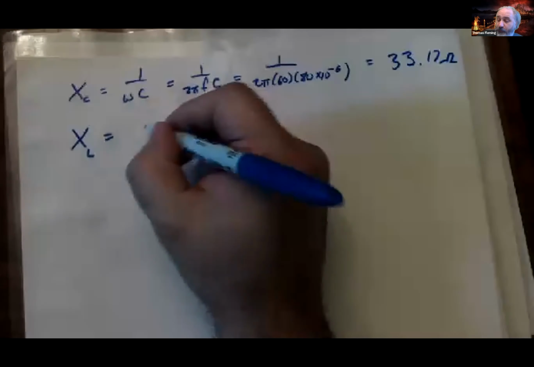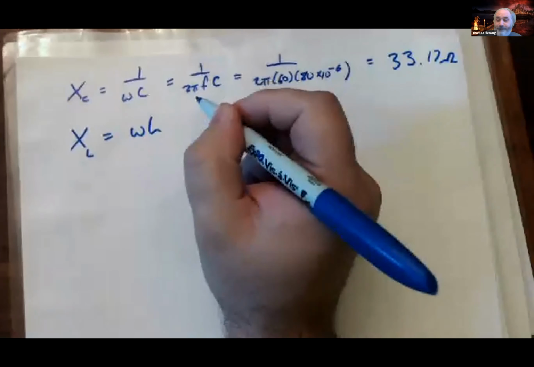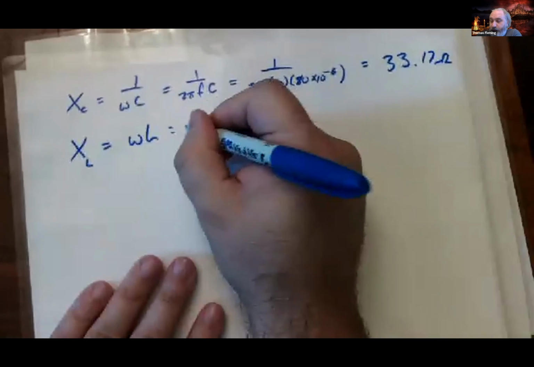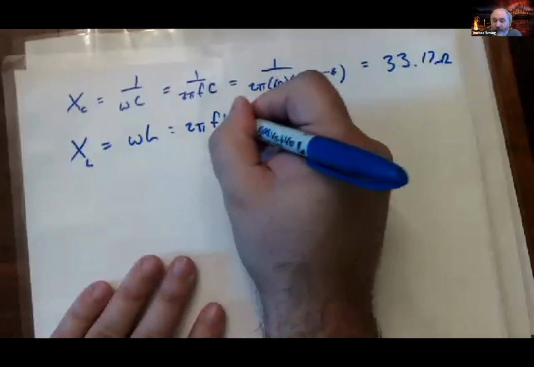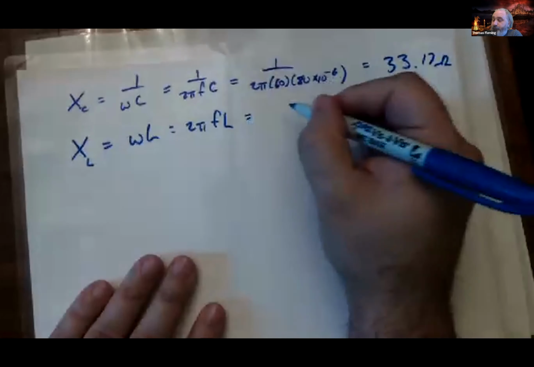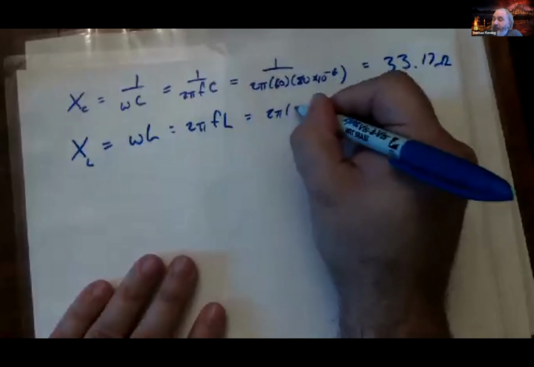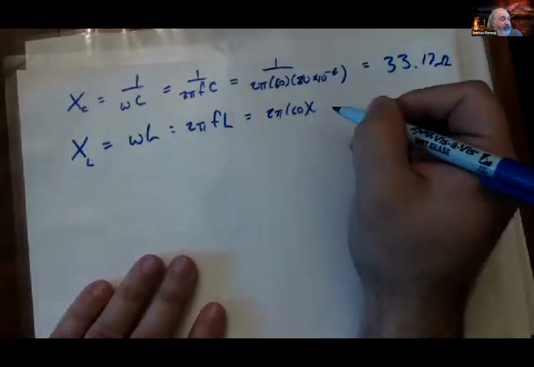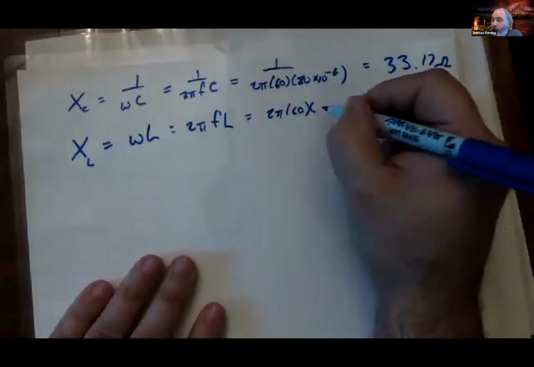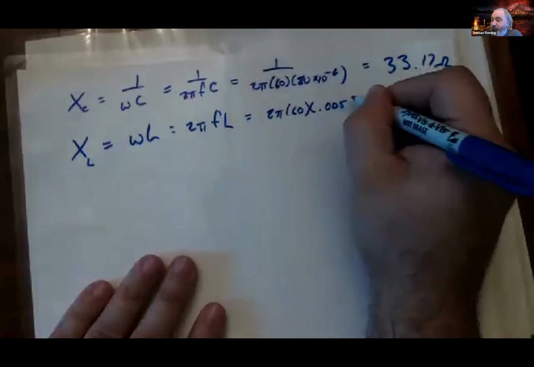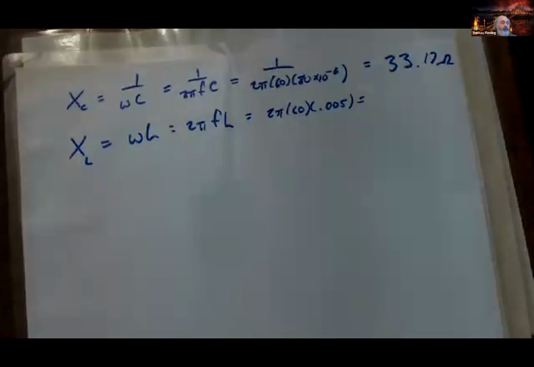Well, XL is equal to omega times L, which again is going to be 2 pi F times L. So 2 pi times 60. And L is 5 millihenries or 0.005 henries.